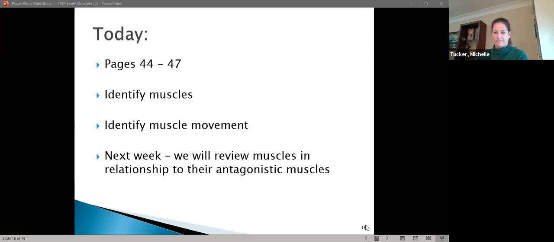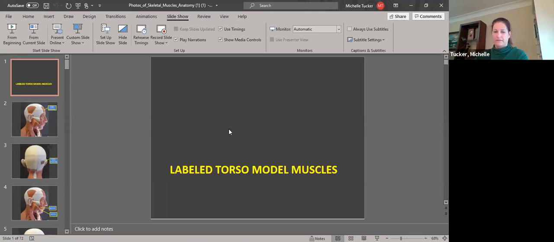This one is in your eLearn shell. Because we use it for lab 6 and 7, it's located in a tab between lab 6 and lab 7, and it says photos of skeletal muscle.